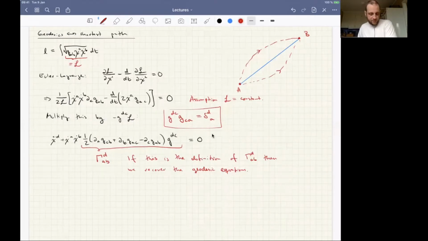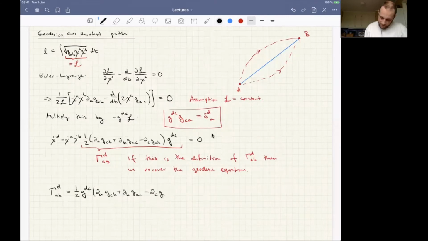So this expression for gamma, if I write it out again, gamma D AB, typically written 1/2 GDC, and then dA GCB plus dB GAC minus dC GAB. This is a nice expression.